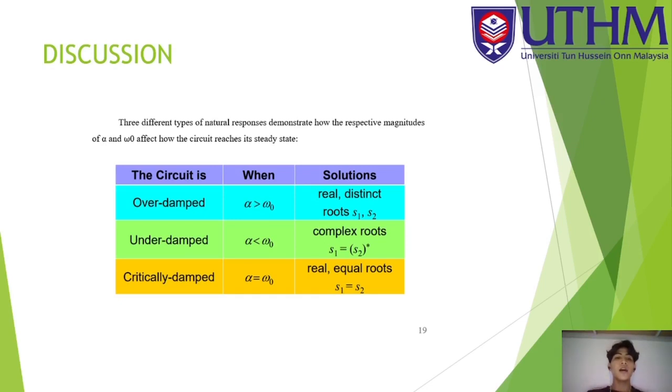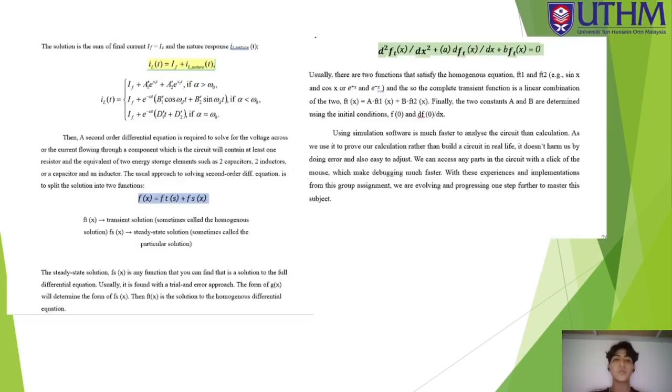Second, underdamped: when alpha is smaller than omega zero, the solution is complex roots S1 equal to the conjugate of S2. Last, critically damped: when alpha is equal to omega zero, the solution is real equal roots, S1 equal to S2.